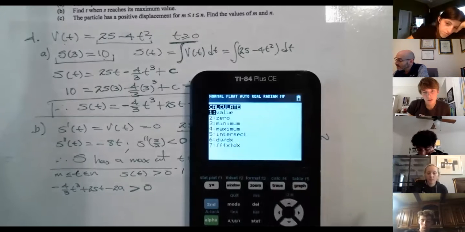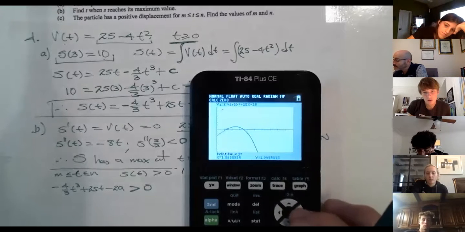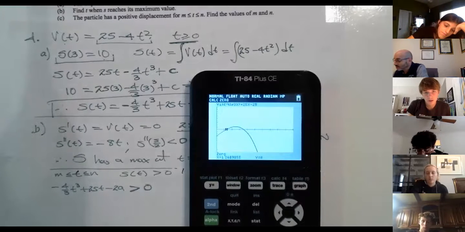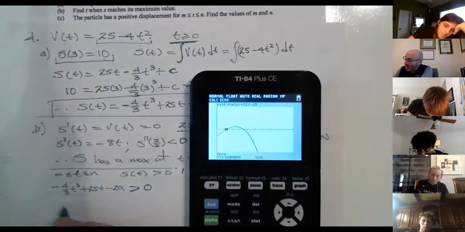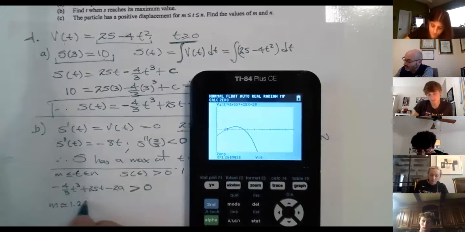Second, calculate. I'm looking for a 0. So the 0 is between this thing and this thing. Okay, why it was not working for me earlier, I don't know. But that value is like 1.268. So M, because M is the smallest value, is about 1.268. And then N is the other one.